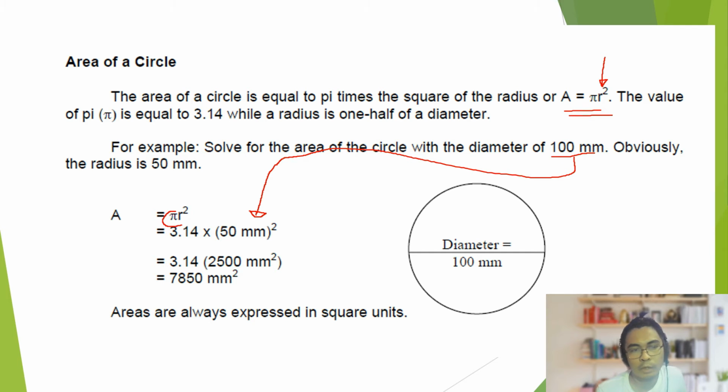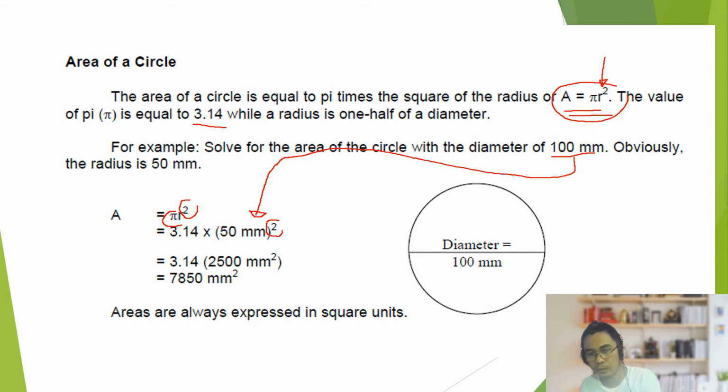That's the constant value for pi. The 2 is actually part of the formula, because the formula is pi r squared. If you calculate this using a calculator, of course, we have the value of 7,850 square millimeter. So the unit is square millimeter. That's how we compute for the area of a circle.